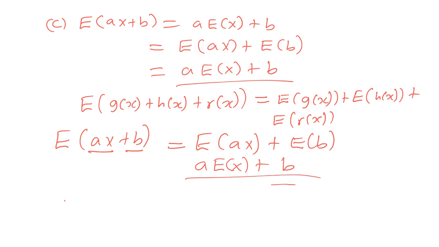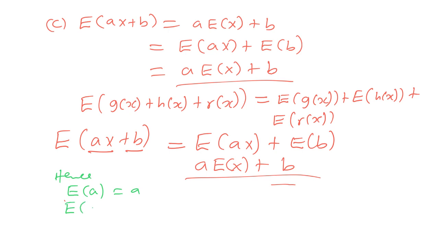So that's something worth noting at this time as you go ahead to learn some mathematics. So ladies and gentlemen, I think I have proved these three important results. Hence E of a constant will be a constant.